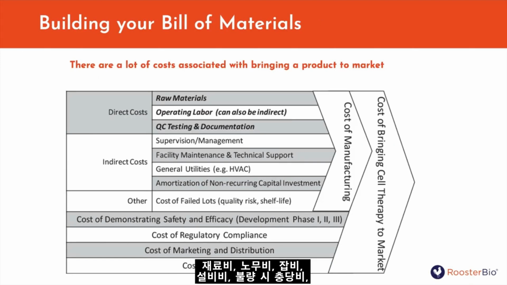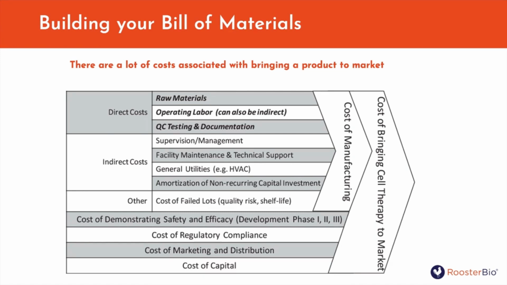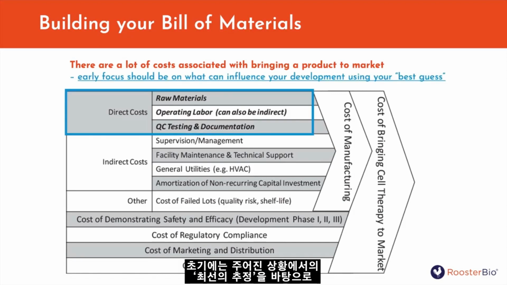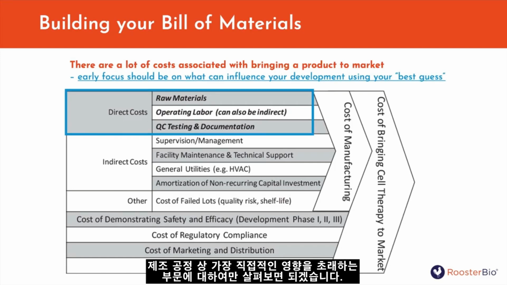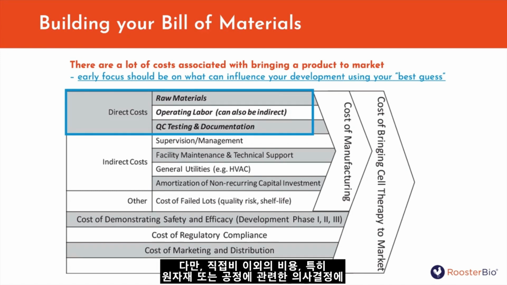These include everything from material and labor costs, overhead and facilities, the costs of failed production runs, to downstream marketing, distribution, testing, etc. Early on, we want to focus on the areas which we can best guess and have the most direct implications into our manufacturing process. These are the direct manufacturing costs, but we should continue to be mindful of the rest, especially hidden costs directly tied to our raw materials or process decisions.